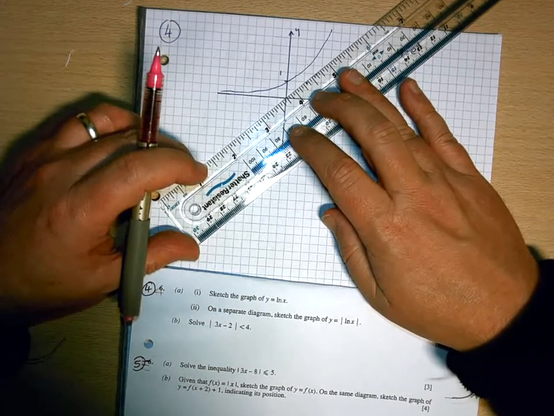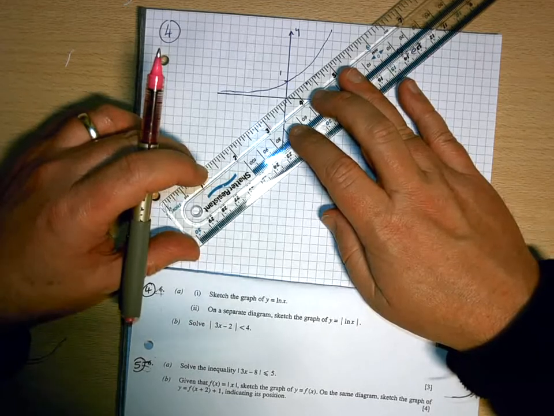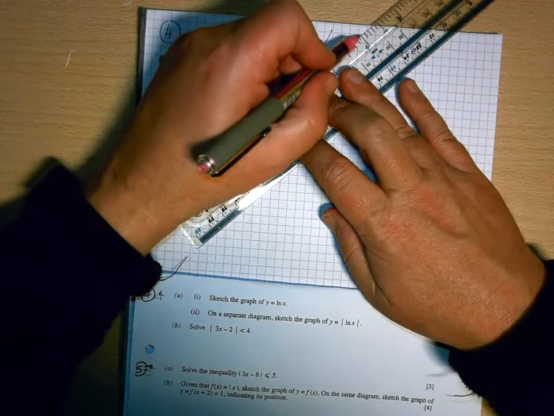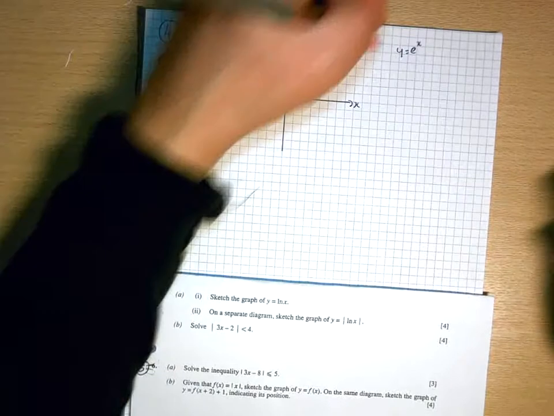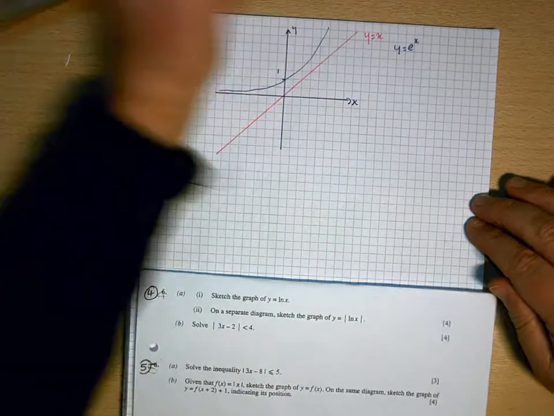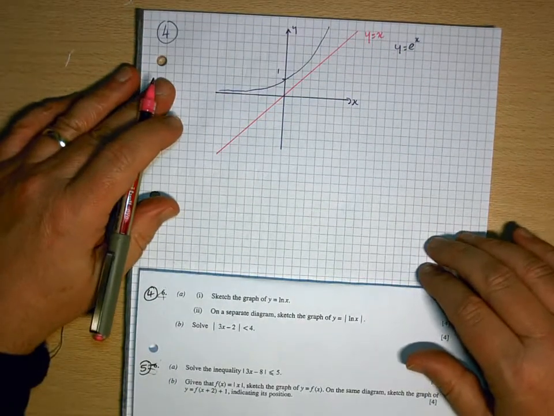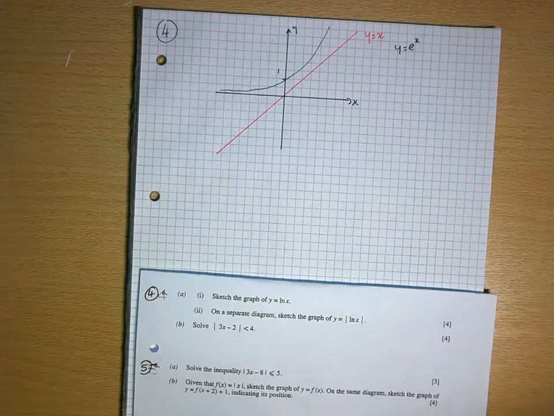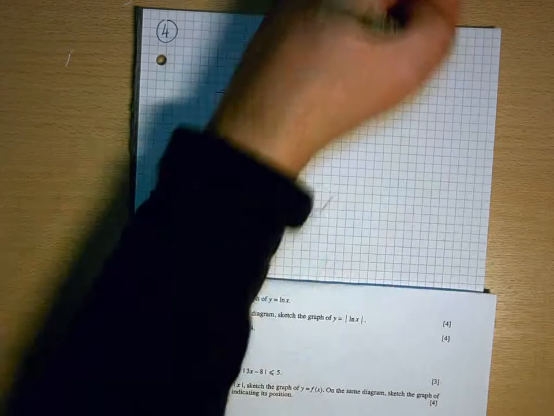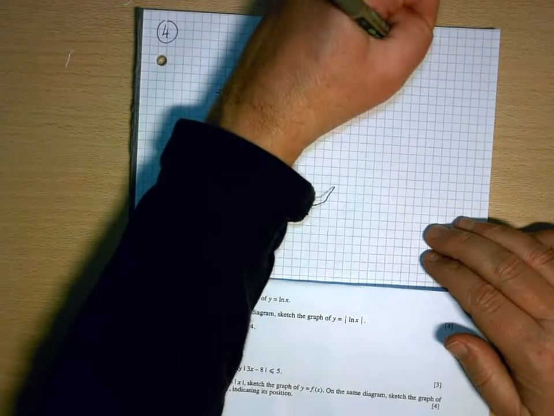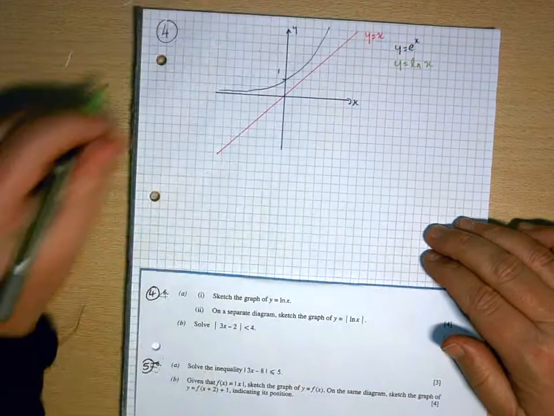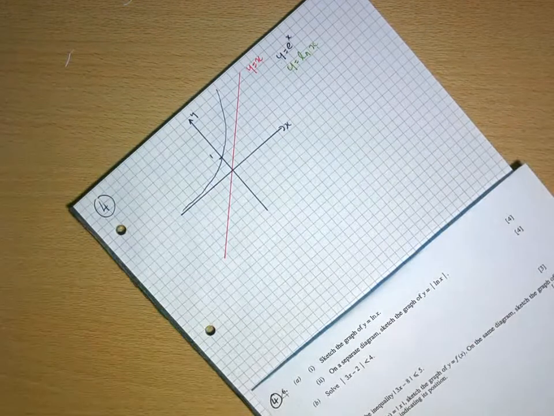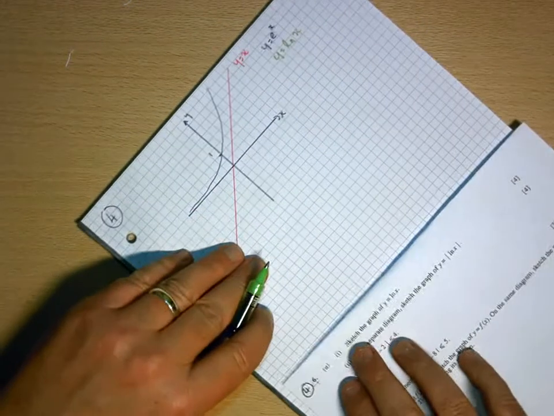So I'll keep this axis so that it's the same on both sides, because otherwise it's difficult to plot. So I know that my ln x is an inverse function of that. So it's got to reflect in the line y equals x.